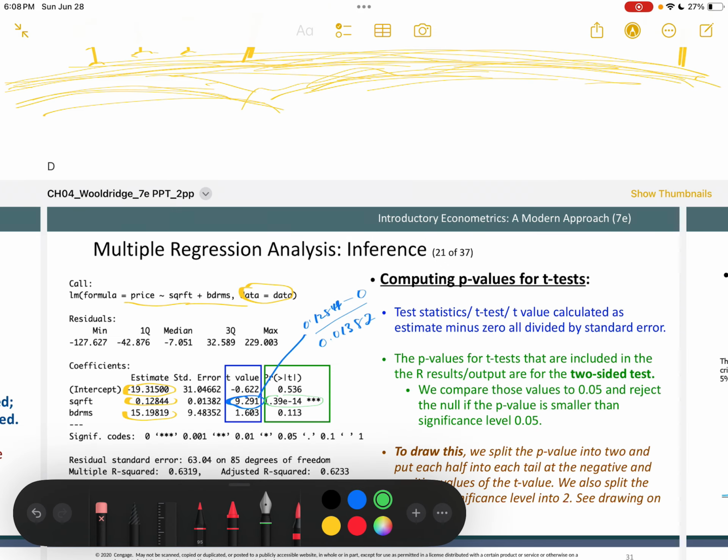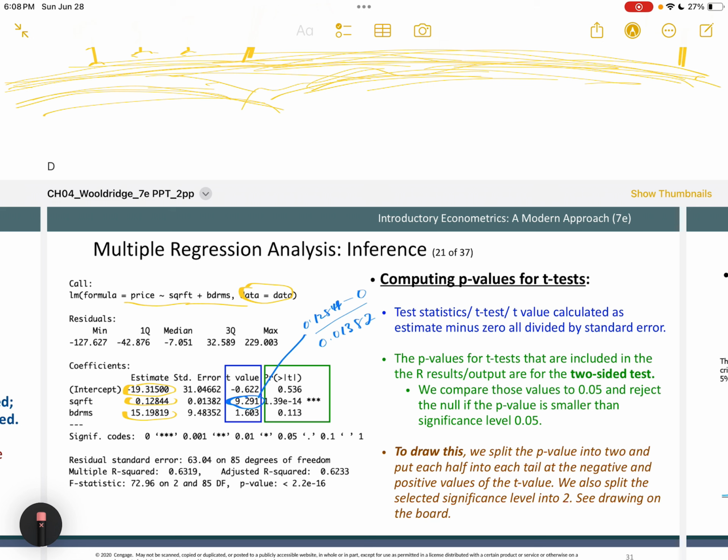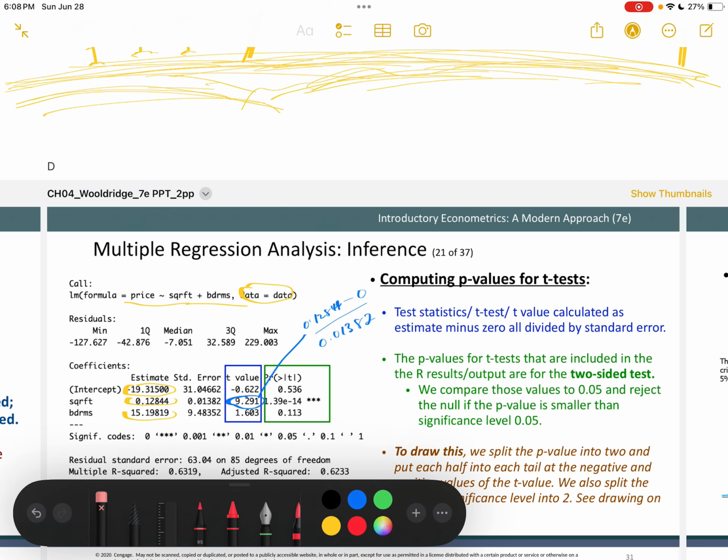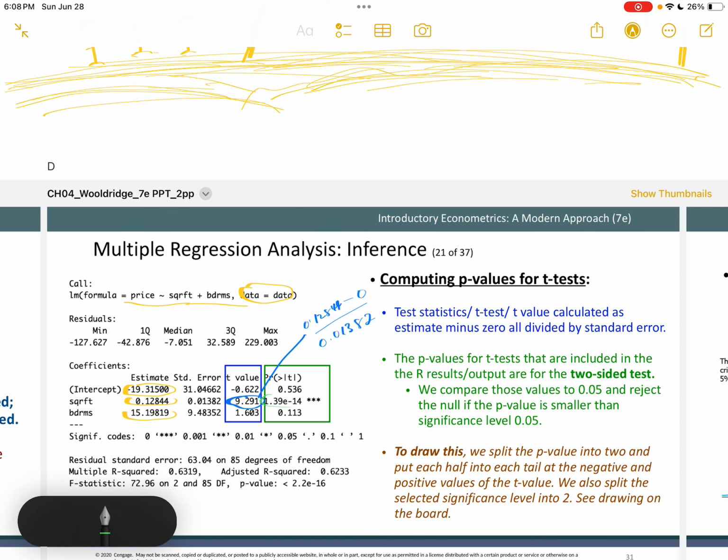Now look at the p-value next to it in green. So I'll change my color to green now and circle the p-value next to it. That p-value is 1.39 e to the negative 14. That means you take the decimal point and move it to the left 14 times.